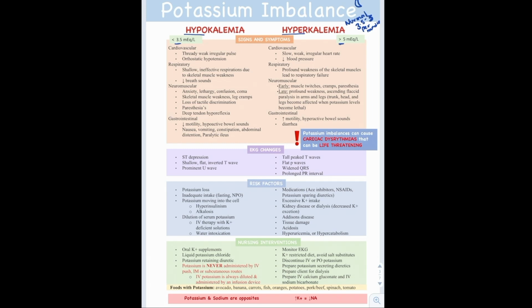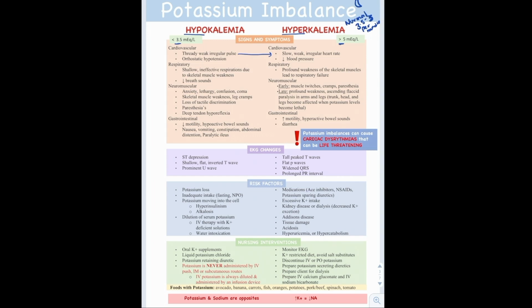So what are some things that we are going to see? For hypokalemia cardiovascularly, we're seeing a thready, weak, irregular pulse. If we look over to hyperkalemia, we're actually seeing the same thing. So that really isn't something we should memorize, because it's not going to differentiate between the two.